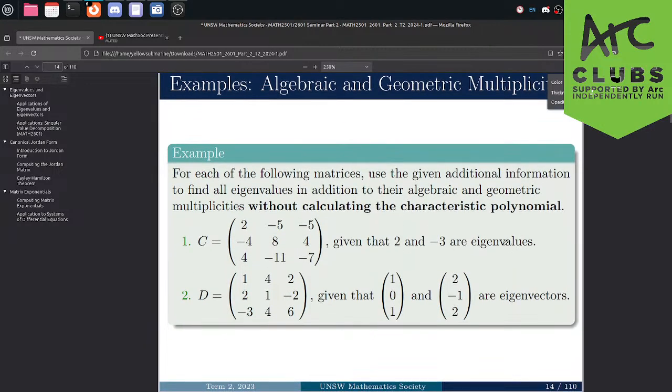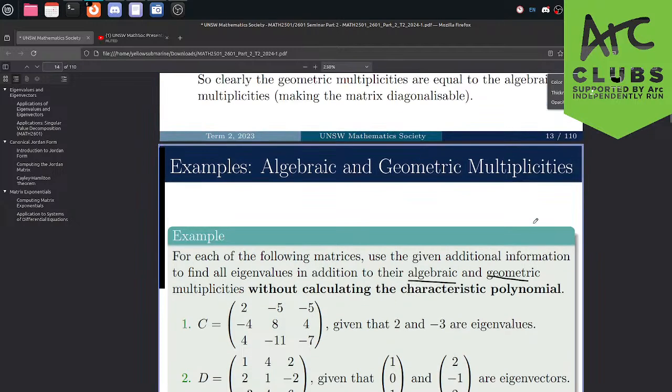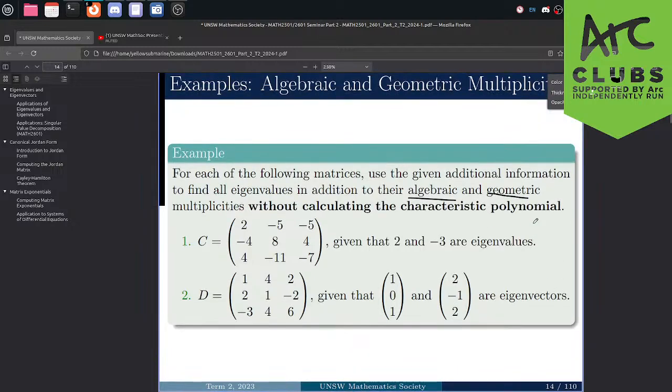Right, so this time we're asked in this question to find all eigenvalues, not just the ones we're given, and also calculate the algebraic and geometric multiplicities. So this is where the property that geometric multiplicity is less than or equal to algebraic multiplicity becomes useful. For this matrix C, we're given 2 and -3 are eigenvalues.